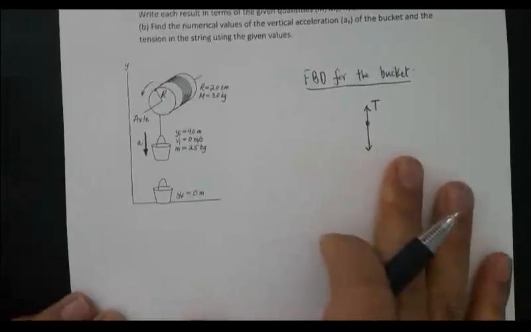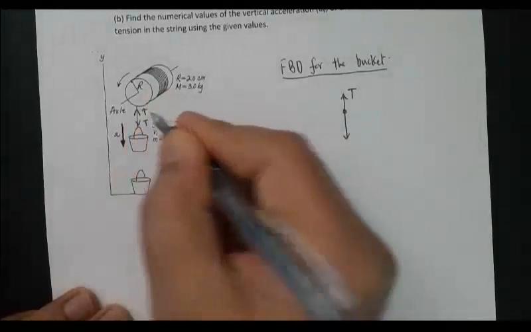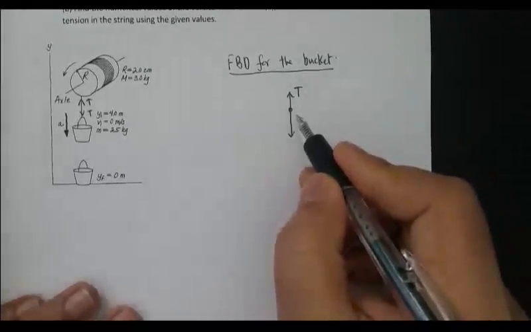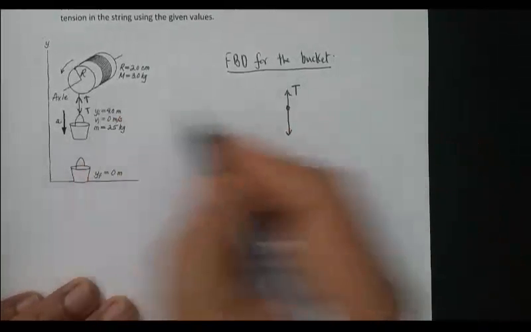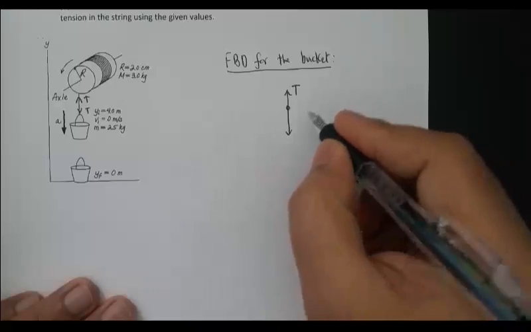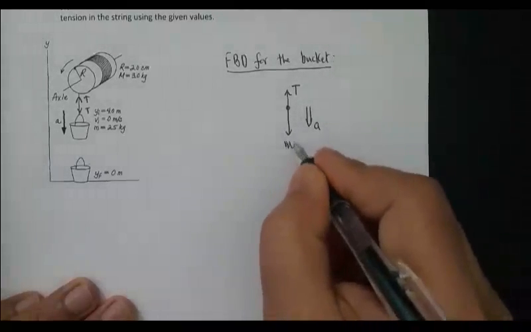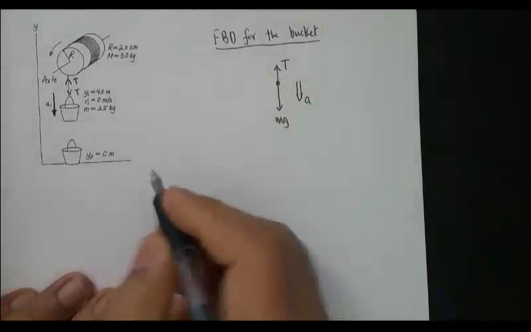Keep in mind that the tension develops both ways, equal and opposite, by Newton's third law. But for the bucket, you need this tension, because tension is always a pulling force, and of course its acceleration is downward, and that's mass times a. That's the free body diagram for the falling bucket.